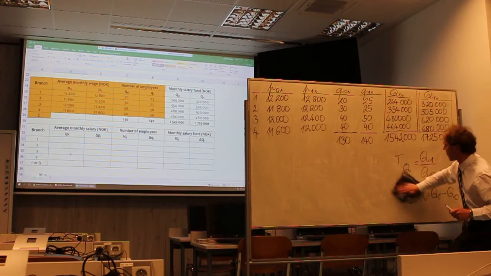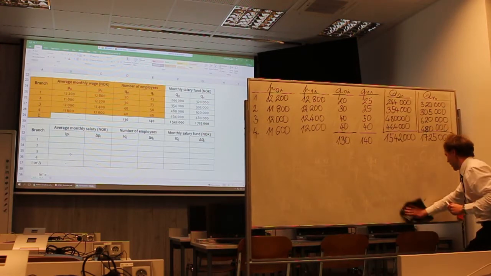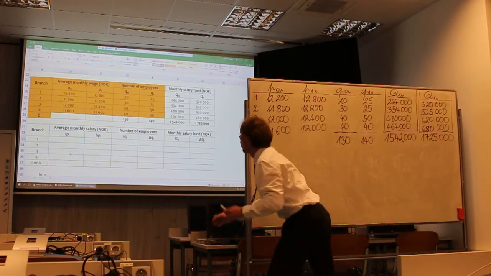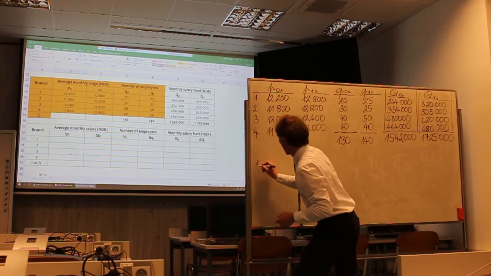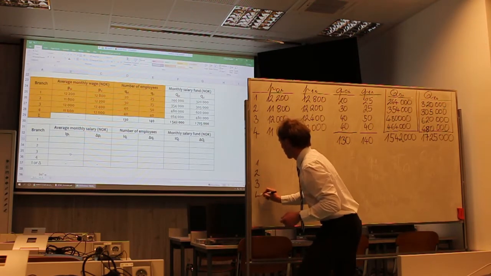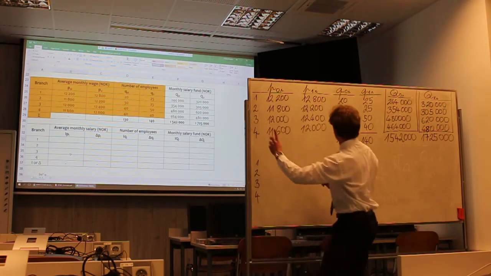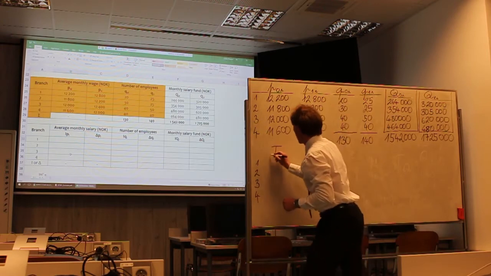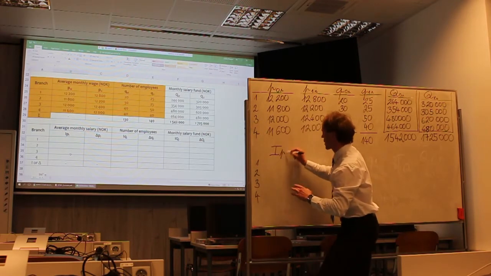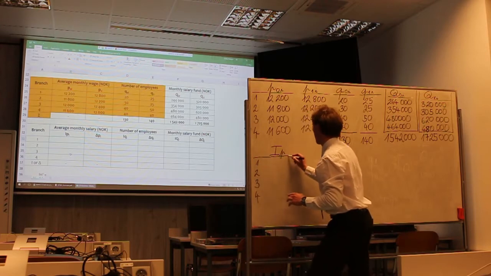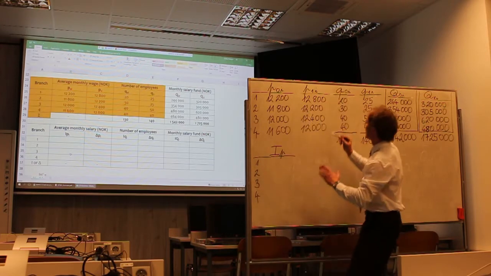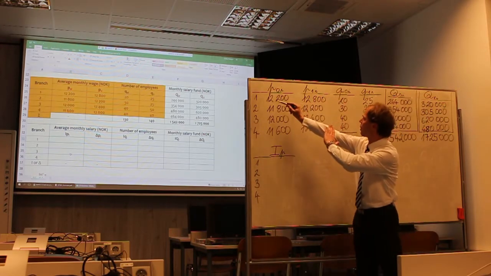The table is ready. Okay, so I have first, second, third and fourth branch office, and we will start with individual price indices. New price divided by old price.